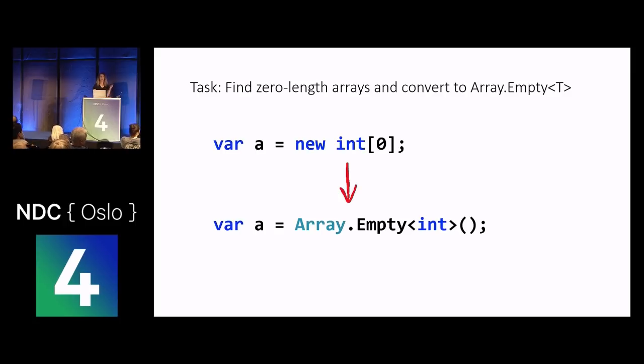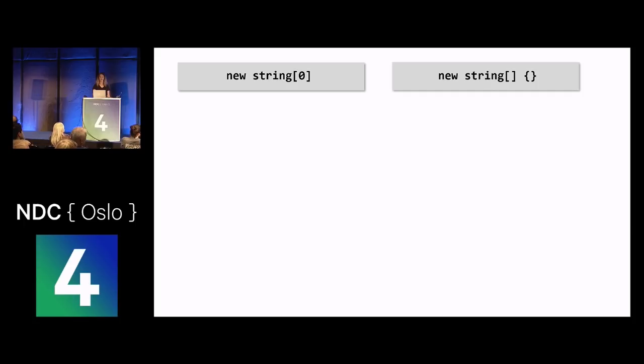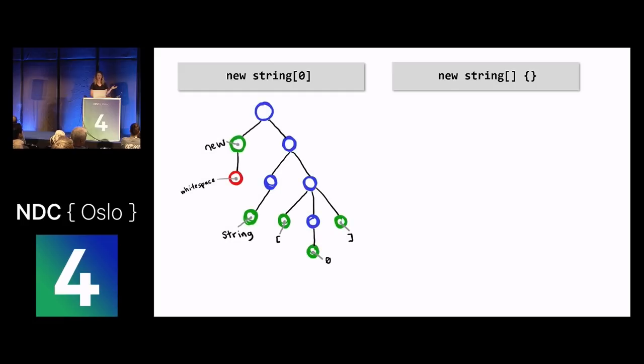Now, if we did this with the syntax tree API, we would have to look and realize that there's two different ways to new up a zero-length array, right? There's the way on the left, and there's the way on the right. And when you're dealing with syntax, these look completely different. So their syntax trees are totally different.